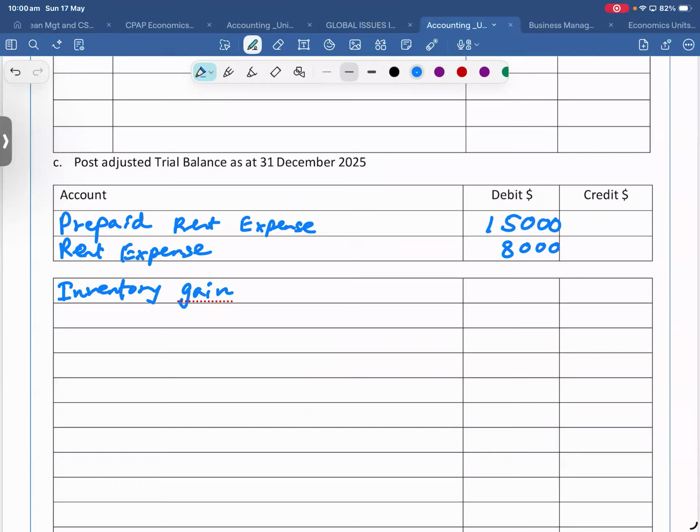Imagine the inventory loss, opposite. And what is it? Inventory loss is an expense. Inventory gain is a revenue. So which side? Credit. Revenue increases, credit. Right? Inventory gain, you credit. Right. Next one.